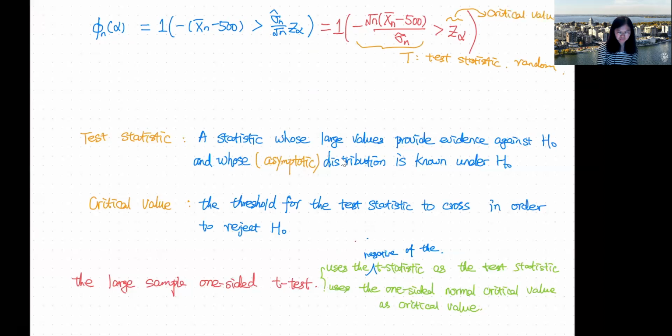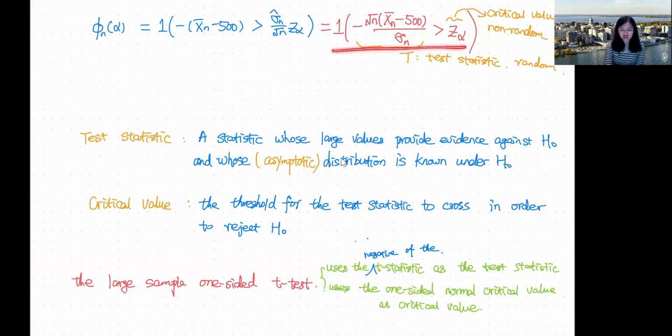In most of the problems that we encounter, I guess all the problems that we encounter, the critical value will be taken to be something non-random. Although this is not true in general for all hypothesis testing problems, for the ones that we will encounter, the critical value will be non-random.